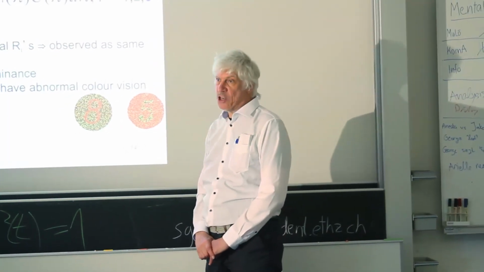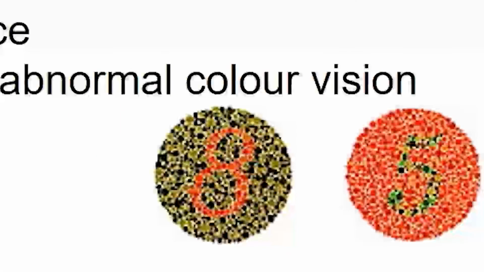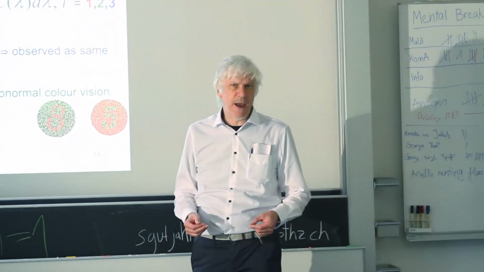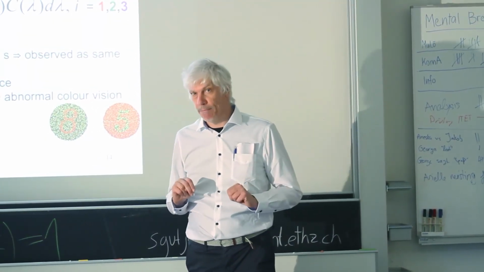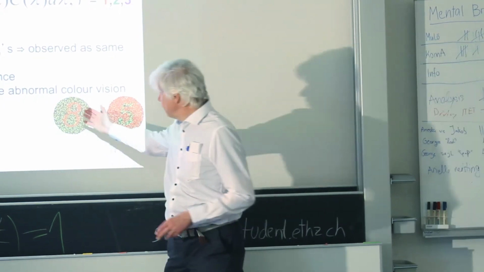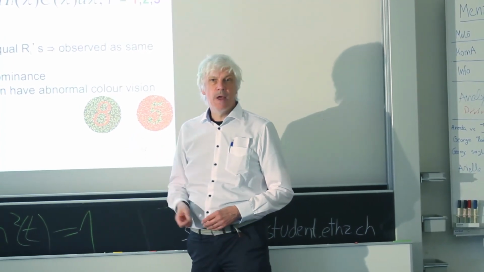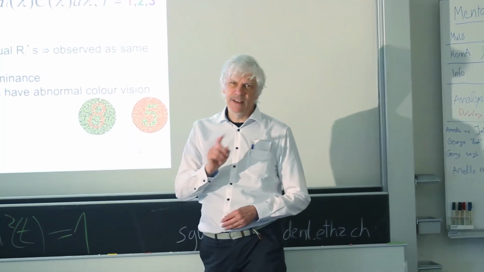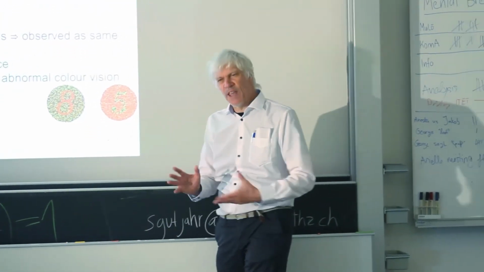You could also show to a normal observer plates like these, where the normal observer would not see a difference between foreground and background, but where the colorblind person can. It's just a matter of making sure that you take patterns where background and foreground yield the same R's for a normal observer, and the third cone, the deviating cone, should give a different response for the colorblind person.